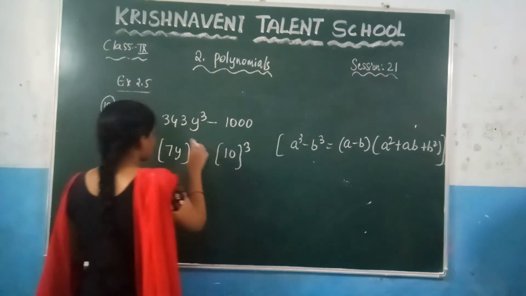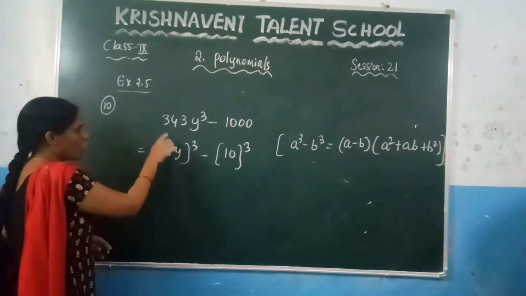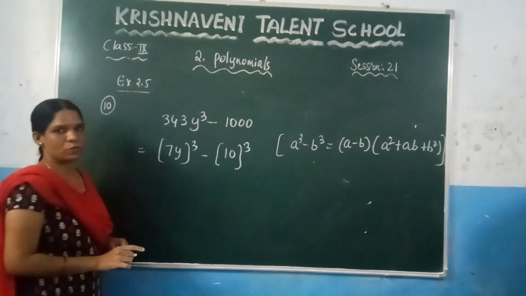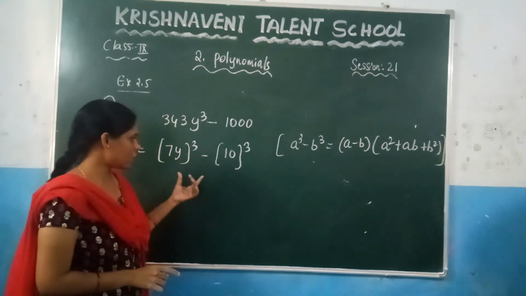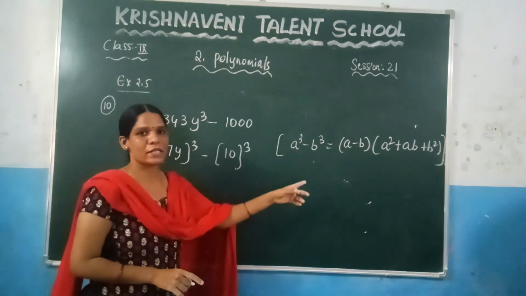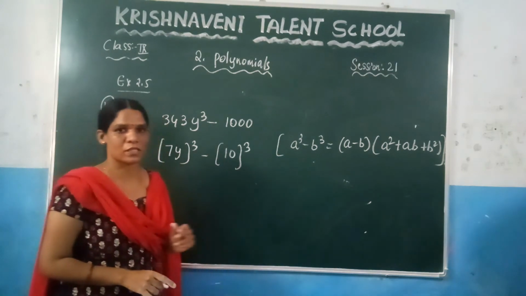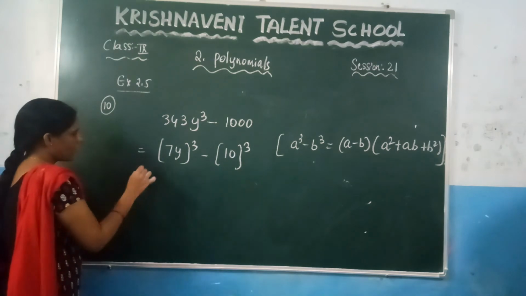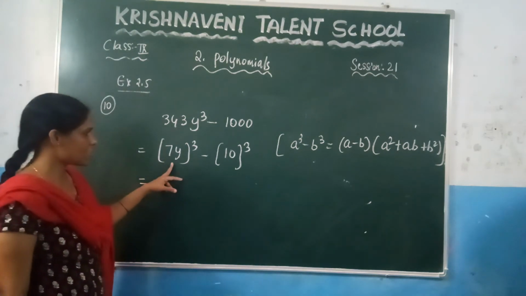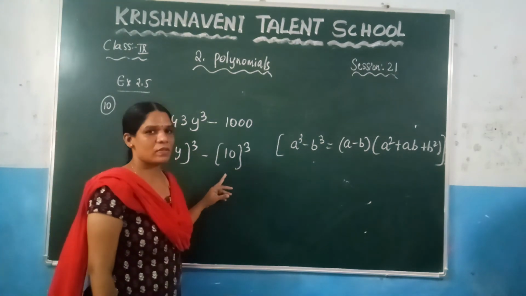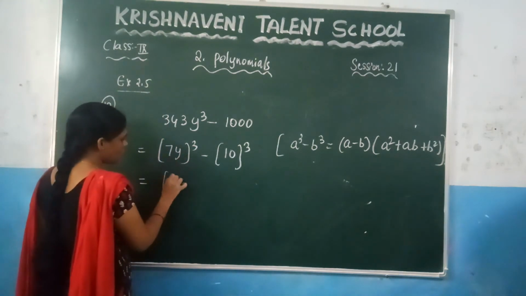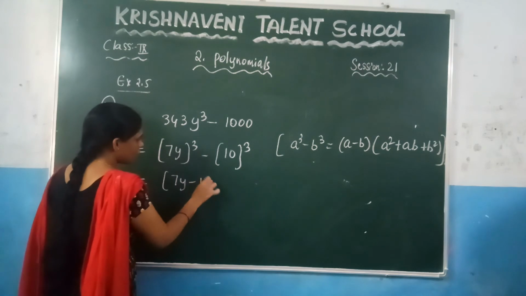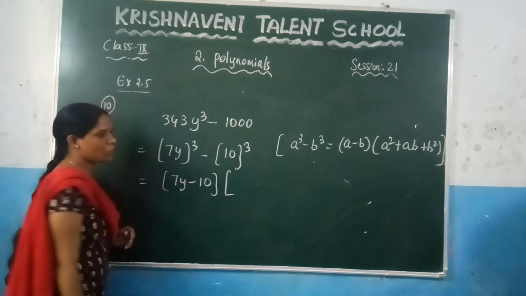So we have changed the given expression in the form of a cube minus b cube, and since it is an identity you can apply it and write this one in the form of a minus b into a square plus ab plus b square. So write it here. A minus b, what is the value of a, which is 7y, and what is the value of b, which is 10. So the first one, a minus b, is 7y minus 10 into a square.